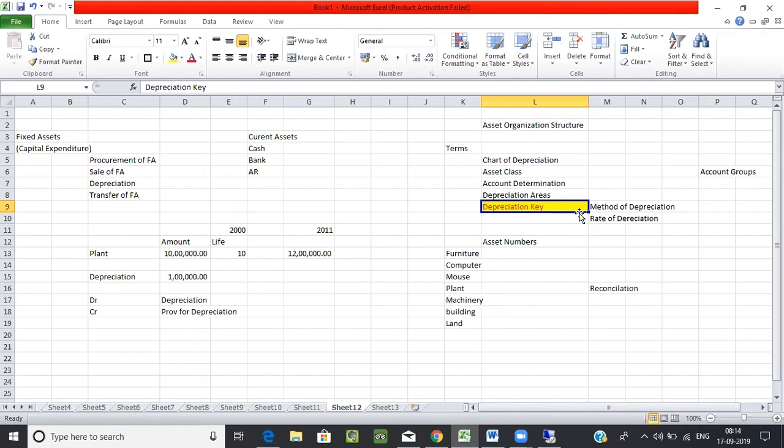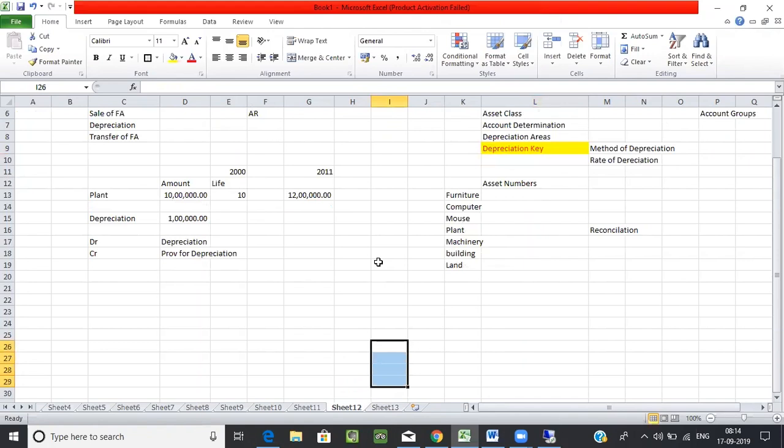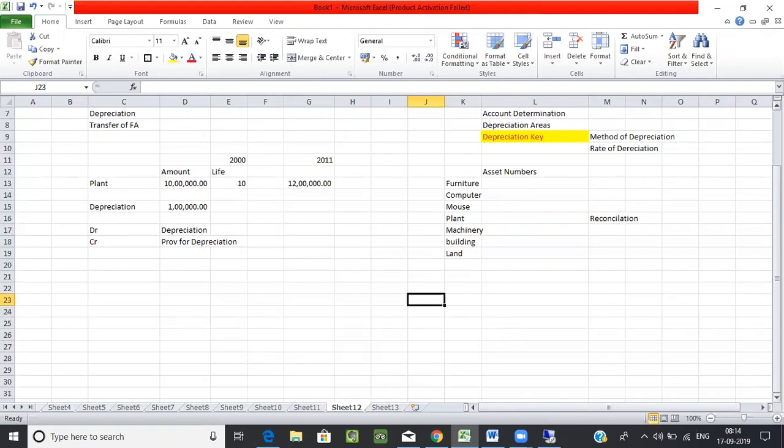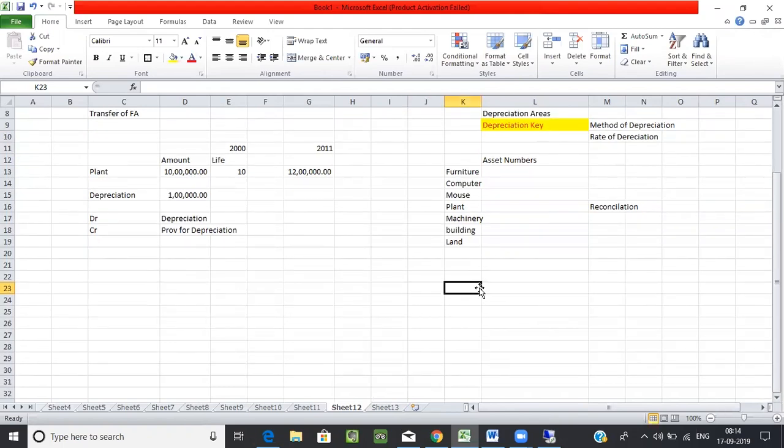Any questions? Important terms in the fixed assets. Okay. Now let us discuss the fixed asset organization structure.